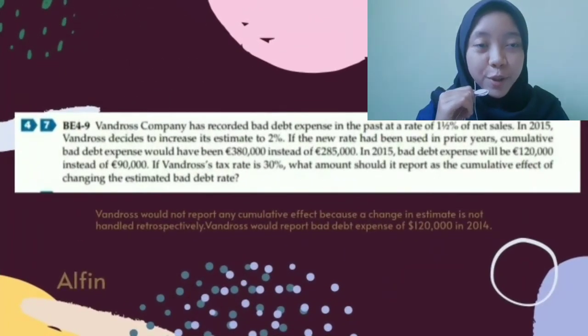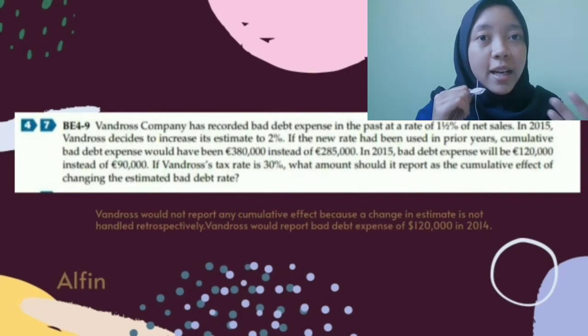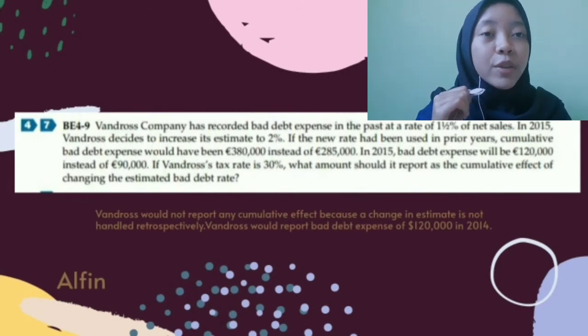Thanks for the opportunity. Here, I will explain brief exercise 4.9. The description of the question is: Vendor's company has recorded bad debt expense in the past at a rate of 1/2% of net sales. In 2015, vendors decided to increase its estimate to 2%.